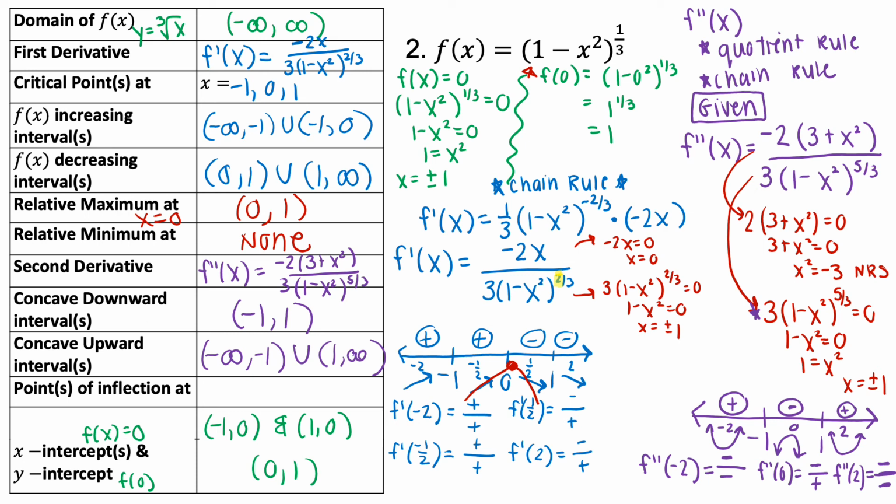Now we do change concavity at -1 and 1. We go from concave down to concave up, and then concave up to concave down, and then concave down to concave up.